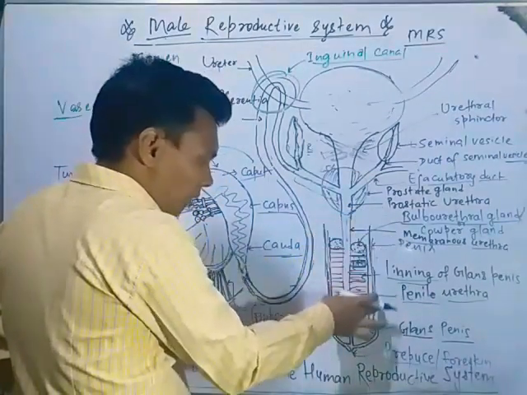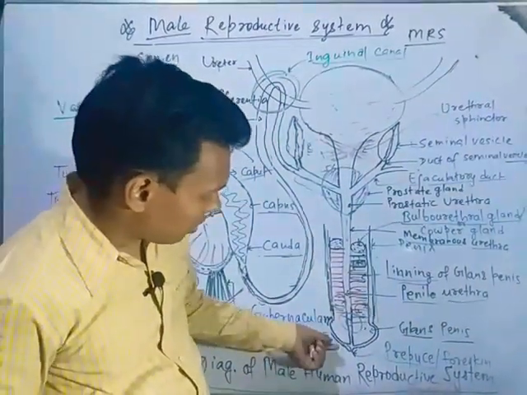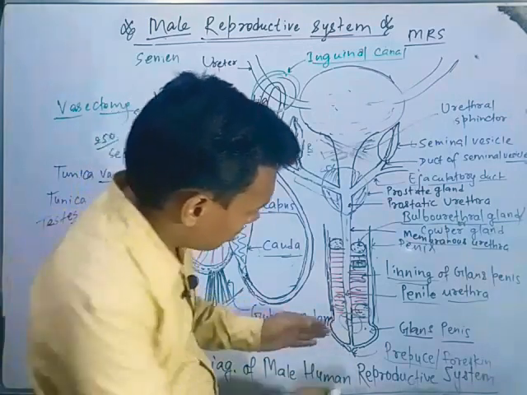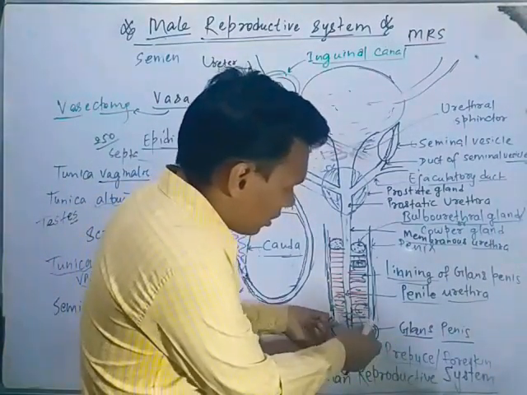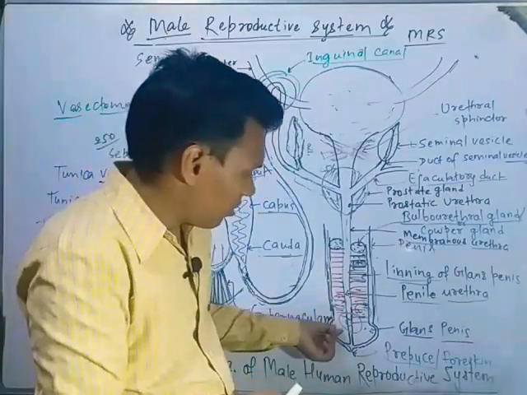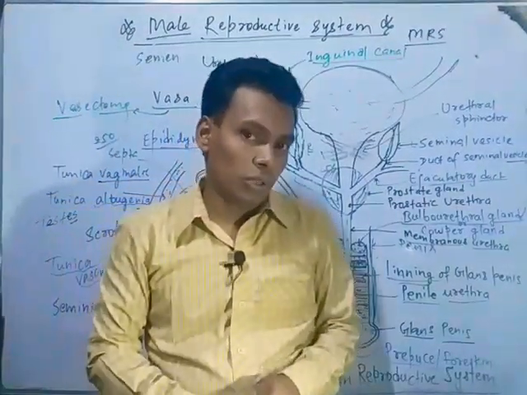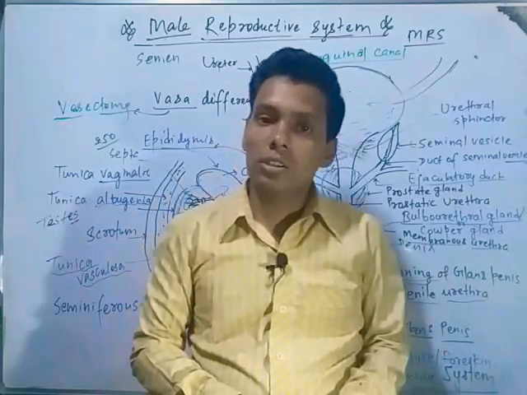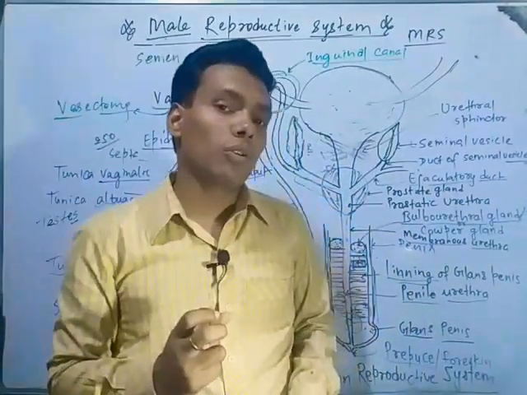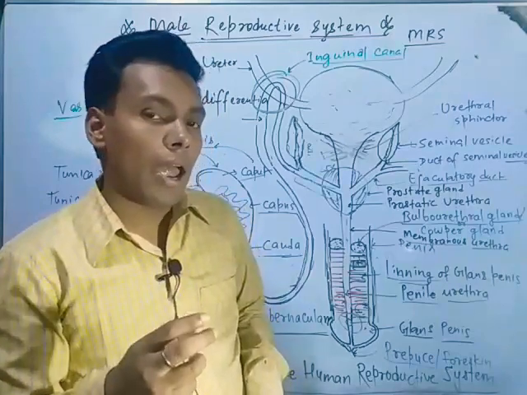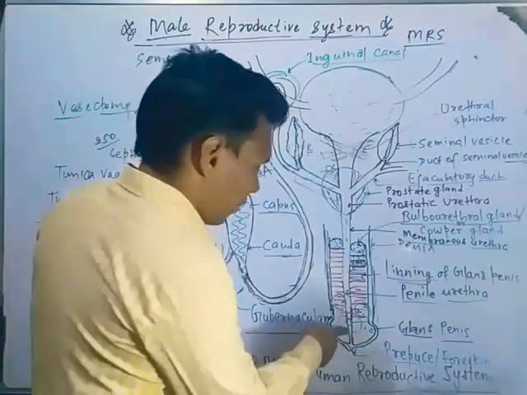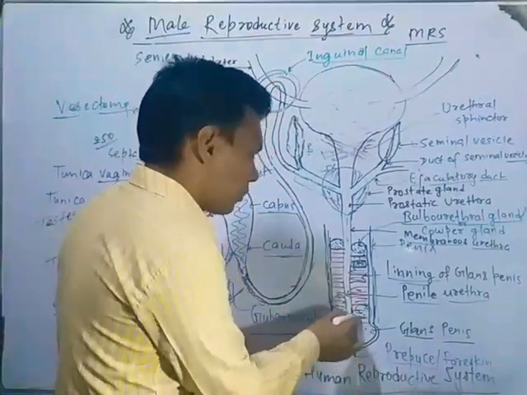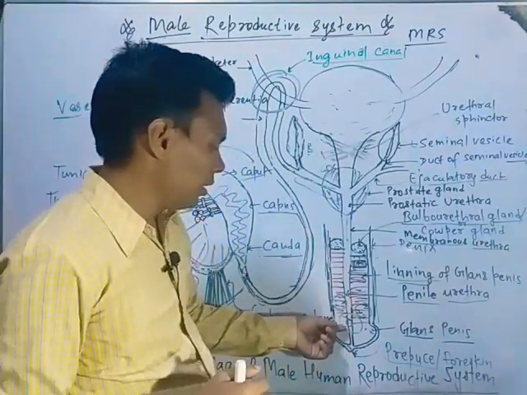That whole part is called the penis. In the forward section of the penis, in internal form, there are thicker tissues, the corpus spongiosum. In the penis there are three types of masses: corpora cavernosa, two in number, and corpus spongiosum, one in number, where the urethra is present.